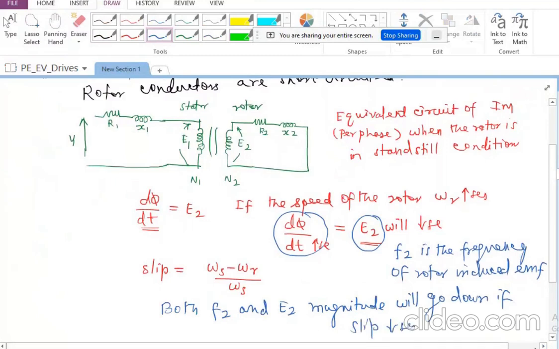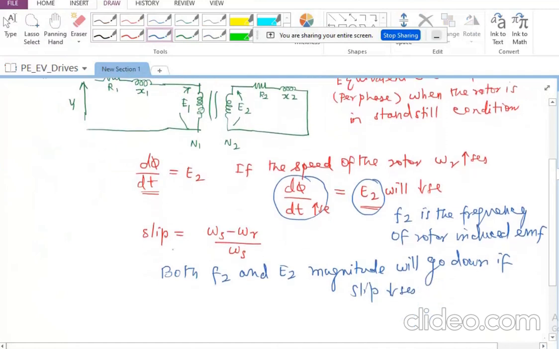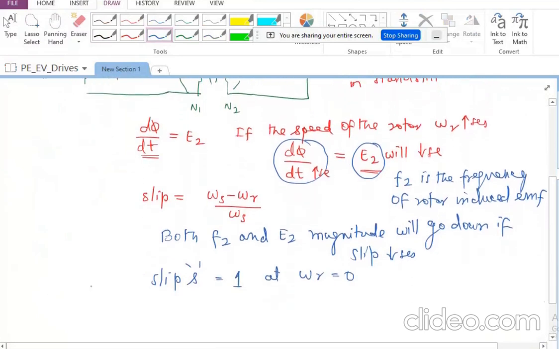So at zero speed, when I'm talking about zero speed, slip is equal to 1. Slip S equal to 1 at omega R equal to 0, because it is omega S divided by omega S. Whereas as omega R increases, slip will decrease.